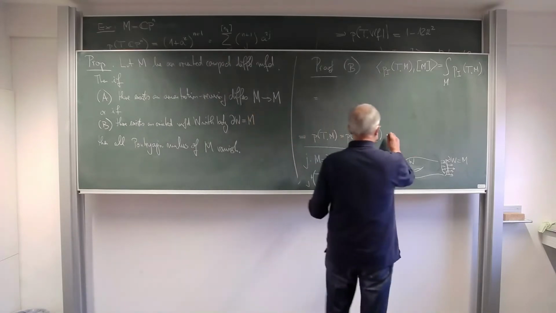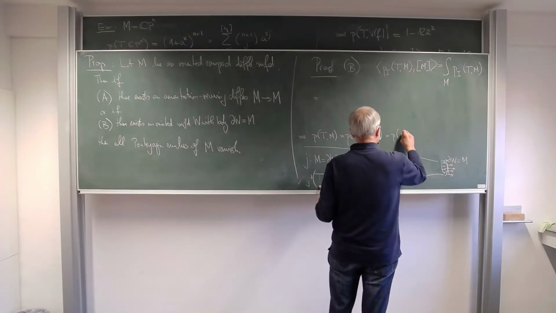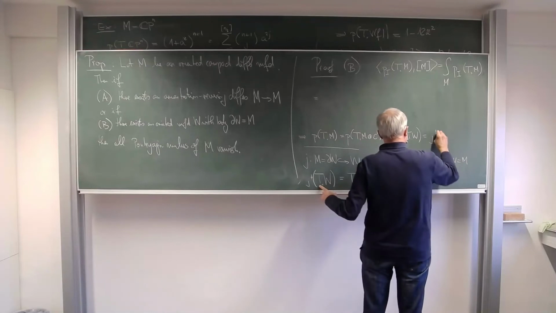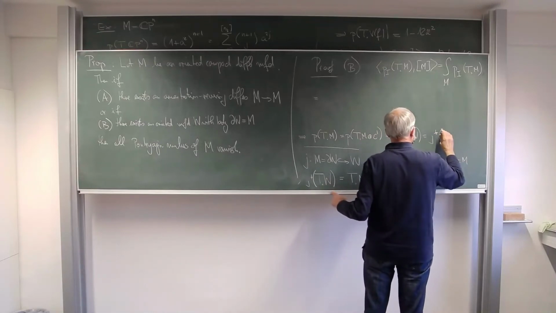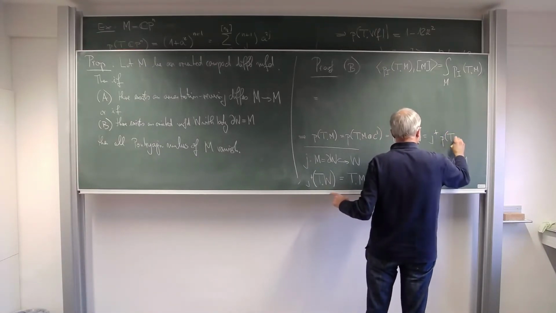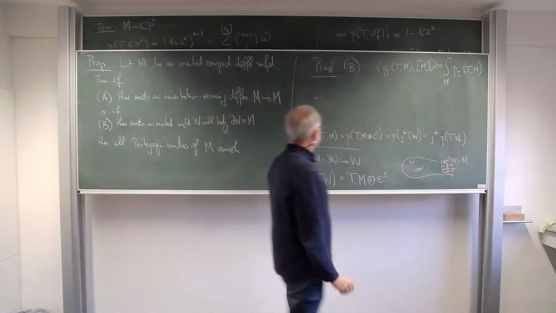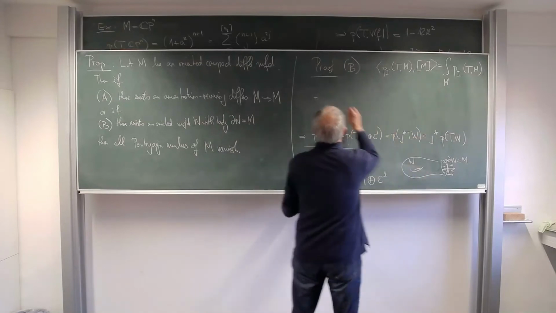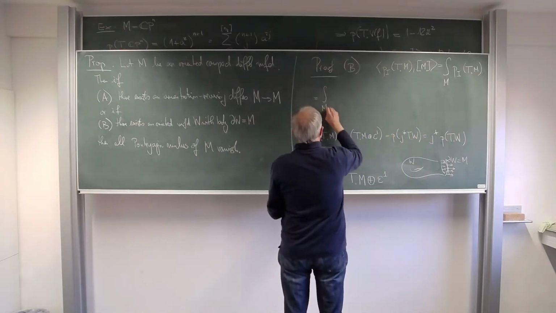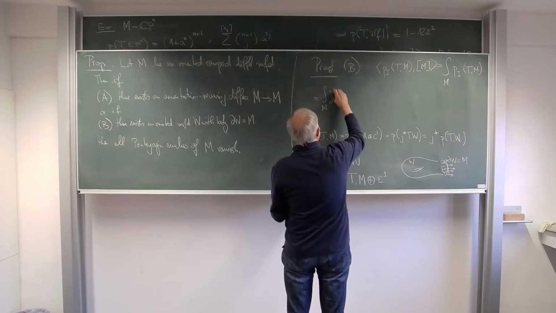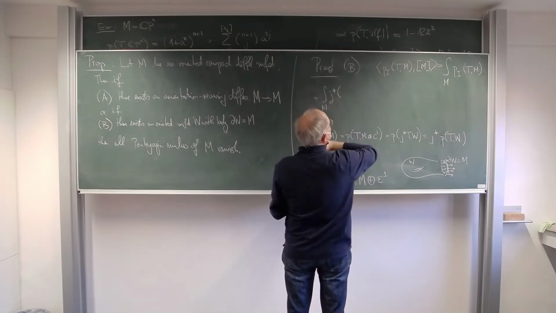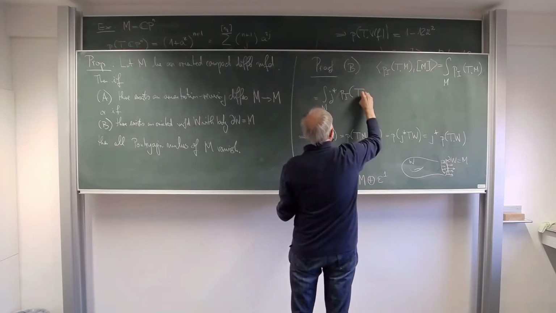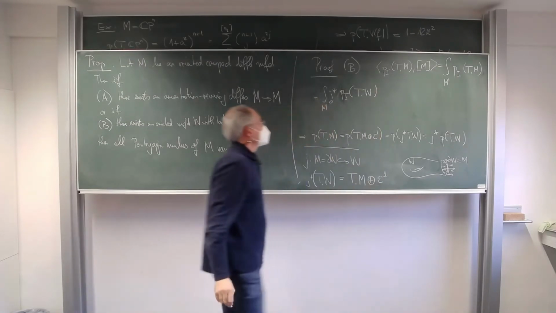And that's this guy. And by naturality, I can pull out the J star. Okay? So if I want to replace this by this equation, let's do that. And we have the integral over M, and then we have J star of p_i of the tangent bundle of W.